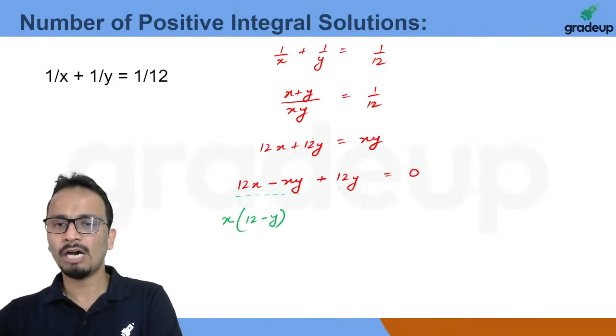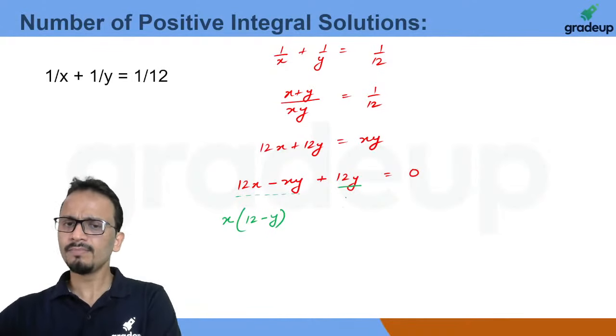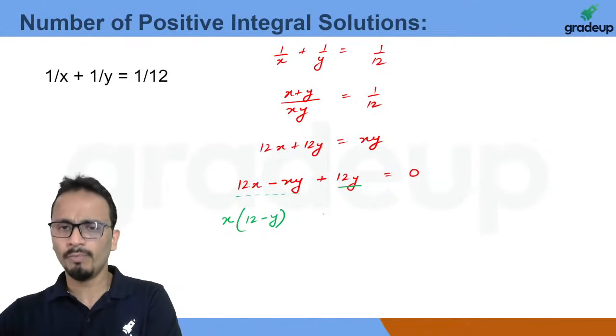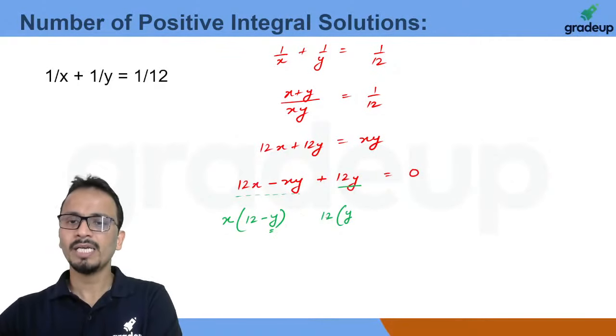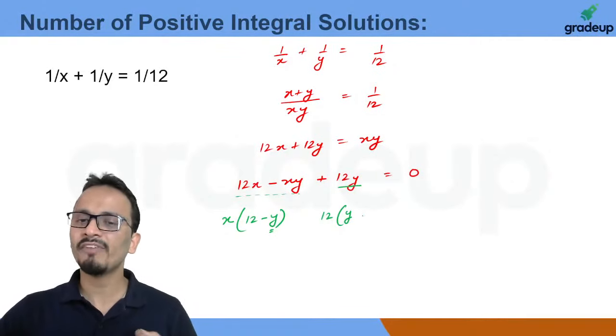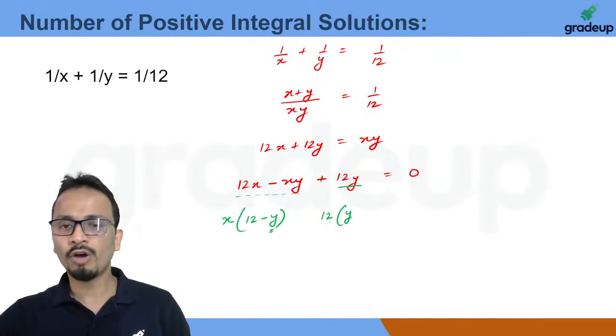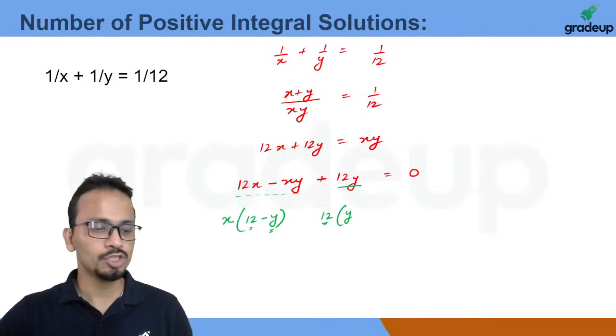Now from the second part, if I take 12 common, I'll be left with y. I have this y, but simultaneously I should have one more term from which, if I take 12 common, I will be left with 12.